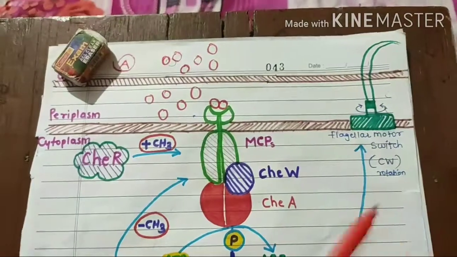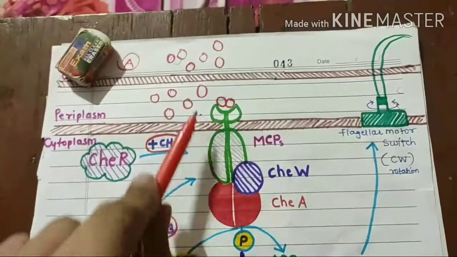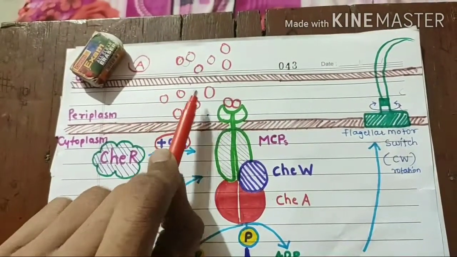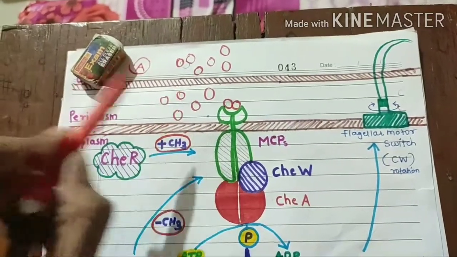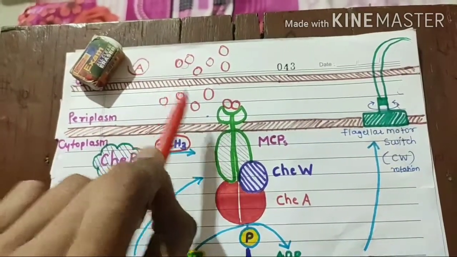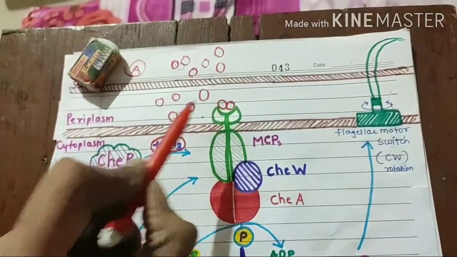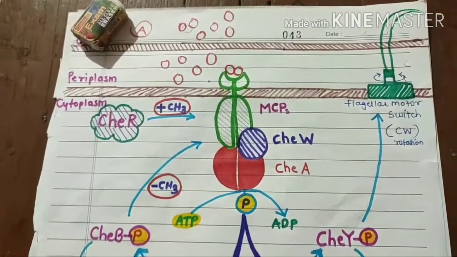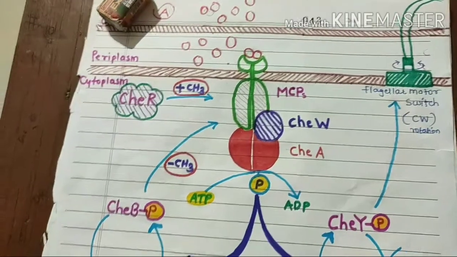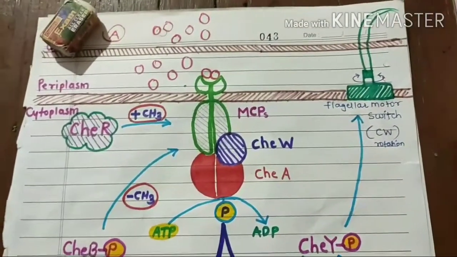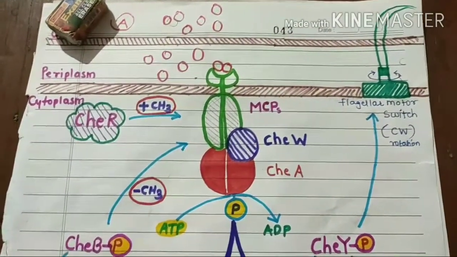So again the frequency of tumbling increased even if there is an attractant present in the environment or the media, and even if this MCP is bound to the attractant. So this is adaptation. So the cell adapts to a particular concentration of attractant after some period of time.